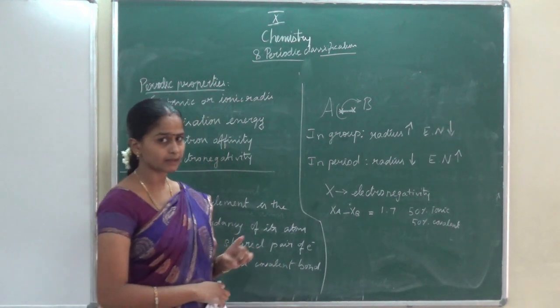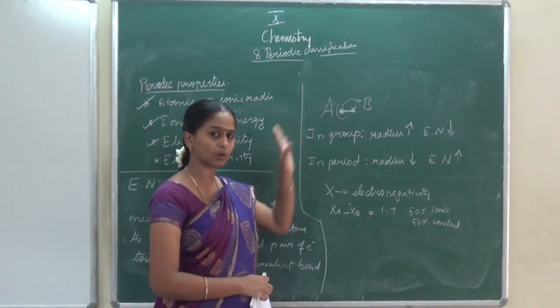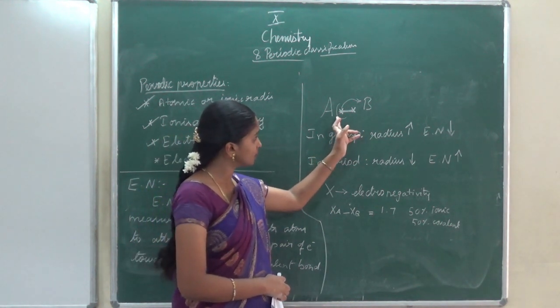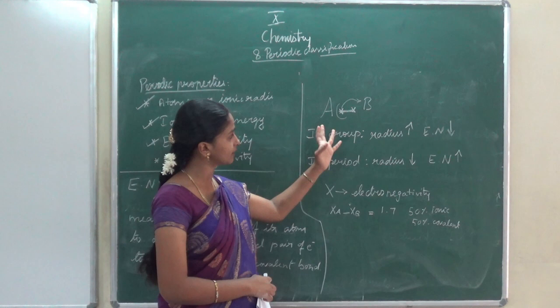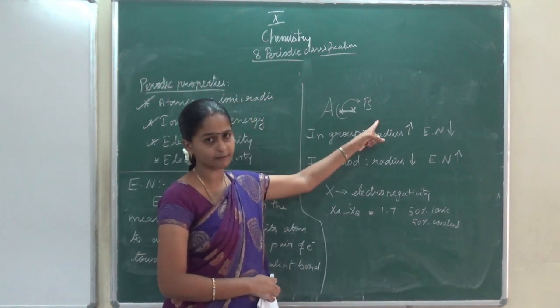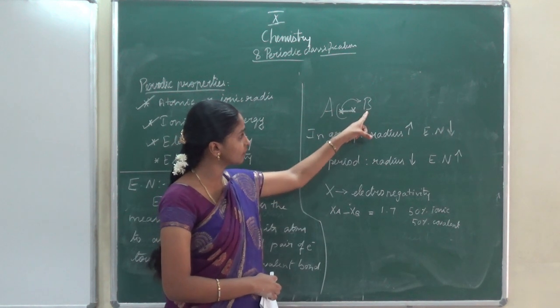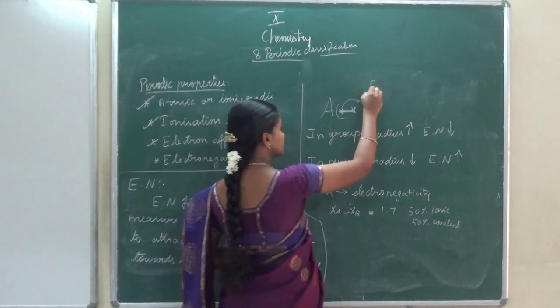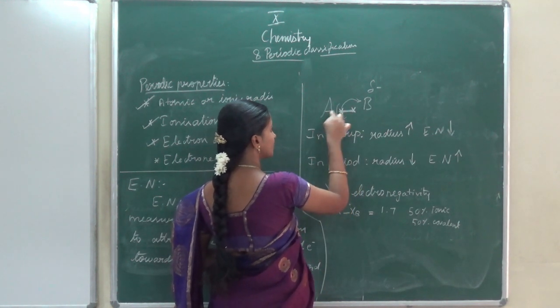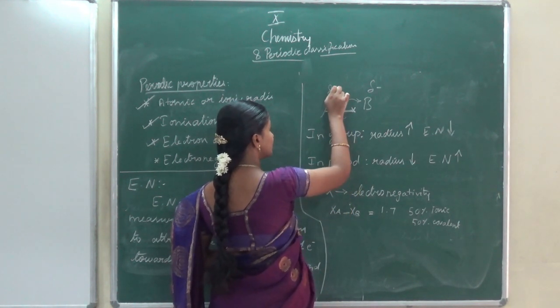Can you understand? The bond formed here is a covalent bond only, but the electron is shifted. It is pulling this electron towards itself. So here it is going to become partially minus, because it is going to accept this electron. This A is going to lose the electron and becomes partially plus.